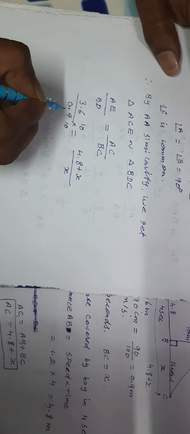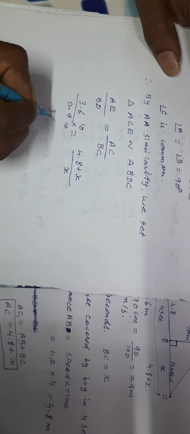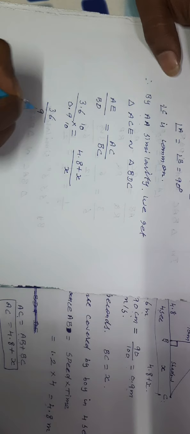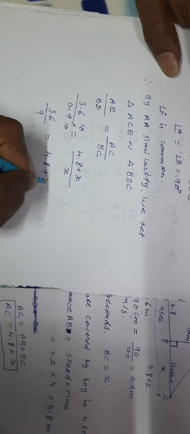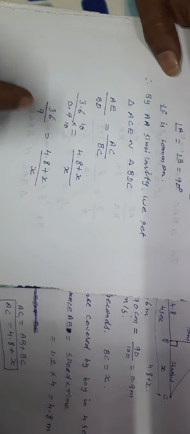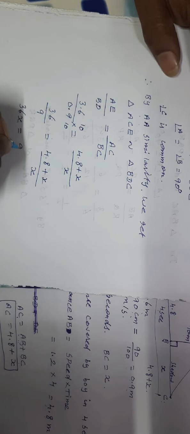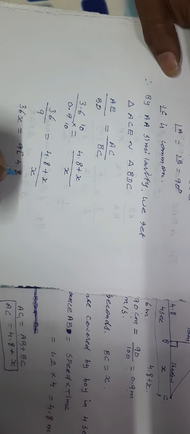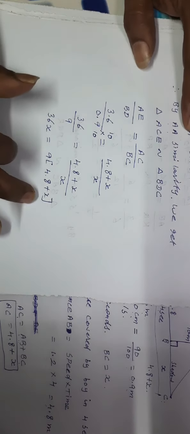Multiplying by 10, the point is cancelled. We get 36 by 9 is equal to 4.8 plus X by X. Next, we take the cross multiplication. We get 36X is equal to 9 into 4.8 plus X.